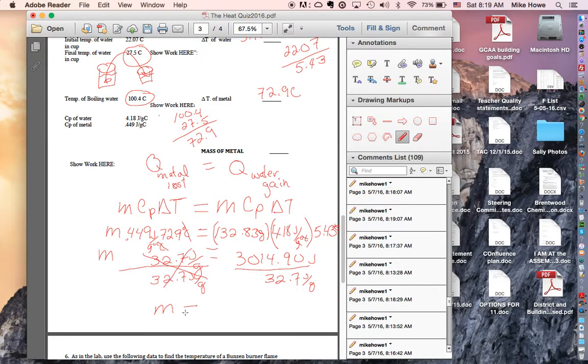Then we have to divide 3014.90 by 32.7, which is 92.2. So the mass of this metal, according to our data, is 92.2 grams. Once again, the idea is that heat lost and heat gained should be the same.